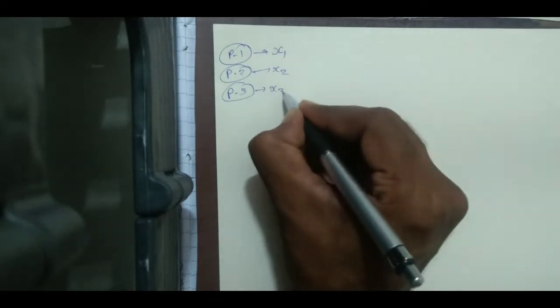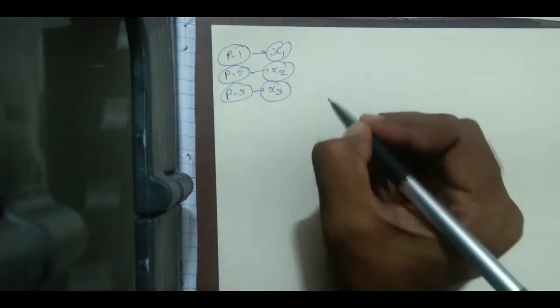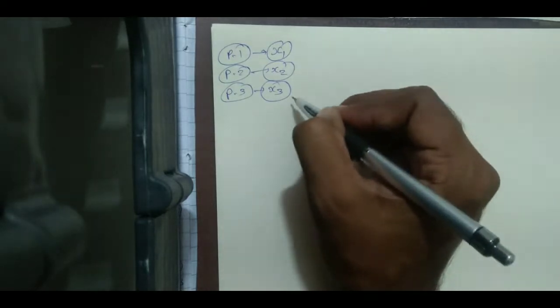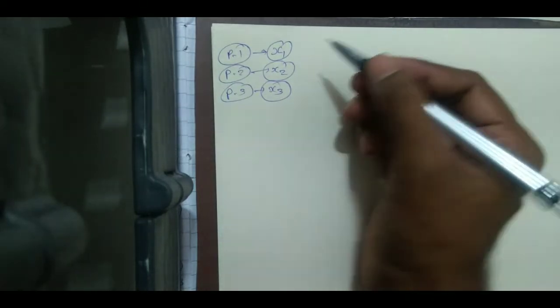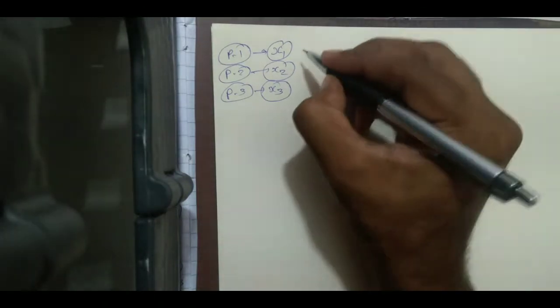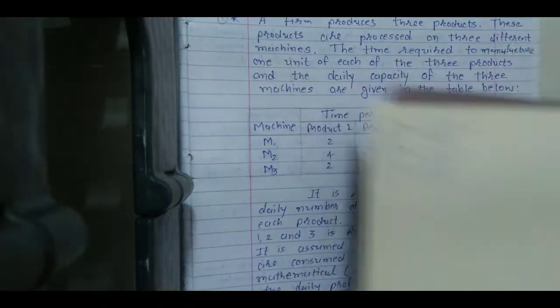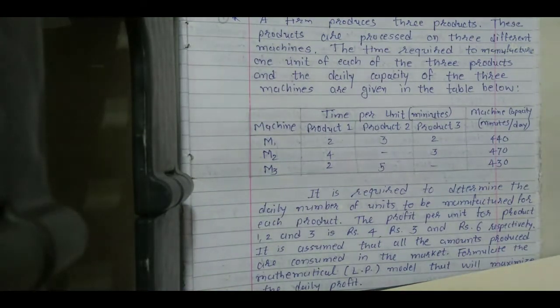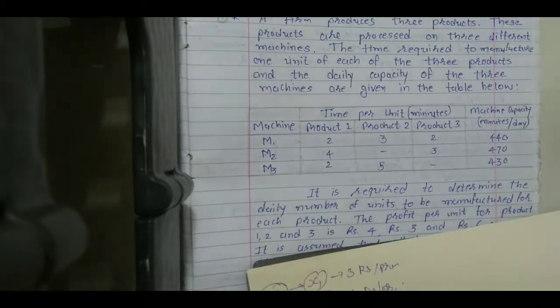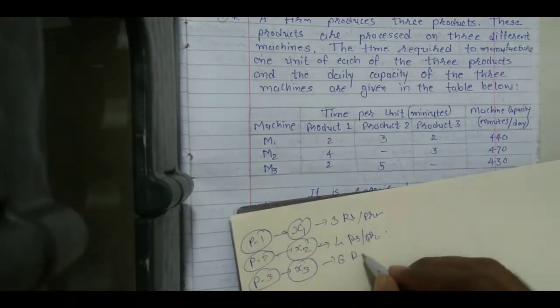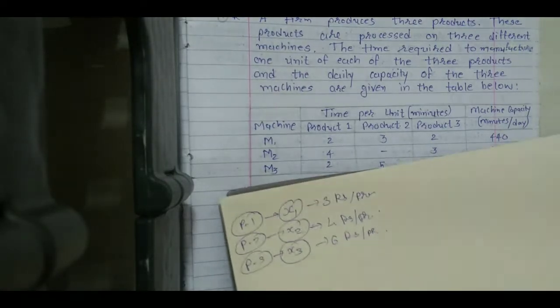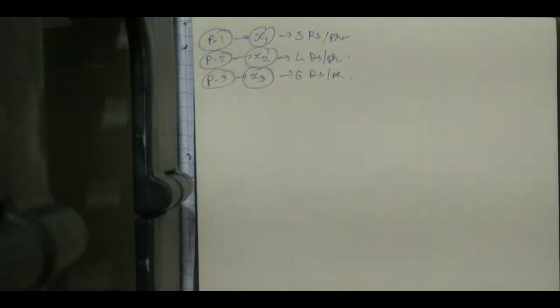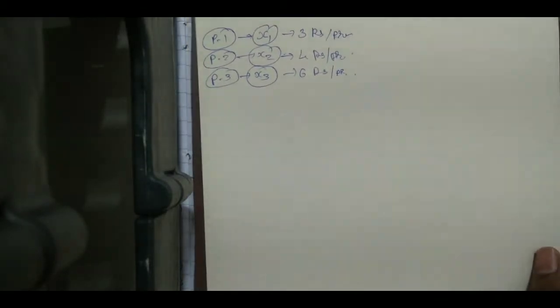These are called decision variables because we have to maximize with them. We don't know how many products right now, but we know the profit per product for each. Now x1, x2 and x3 are called decision variables.